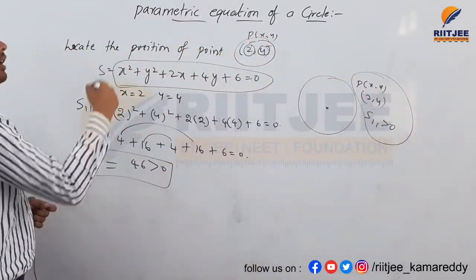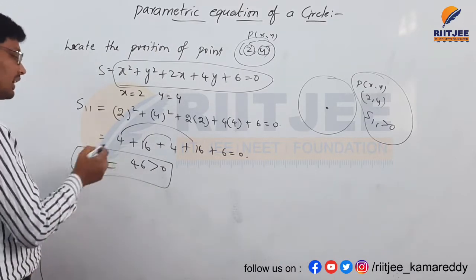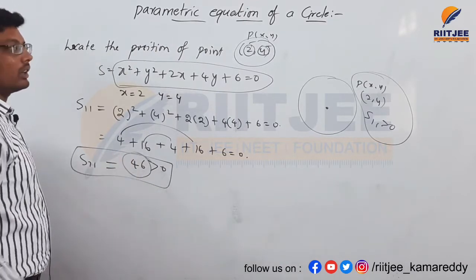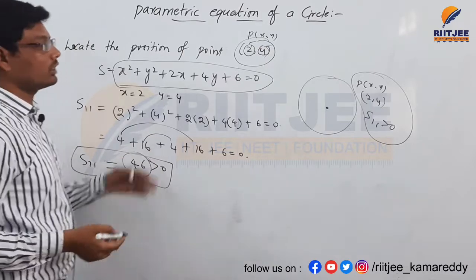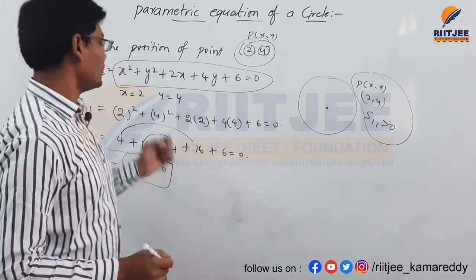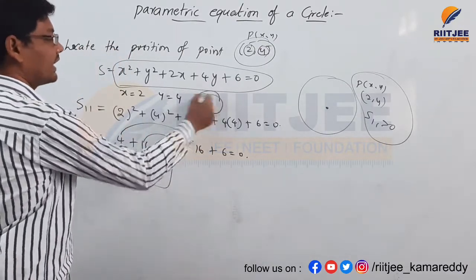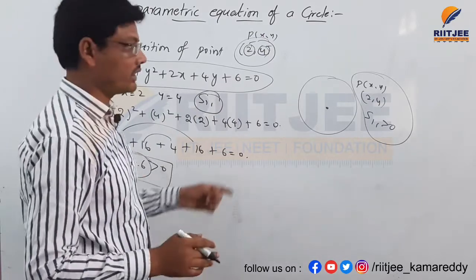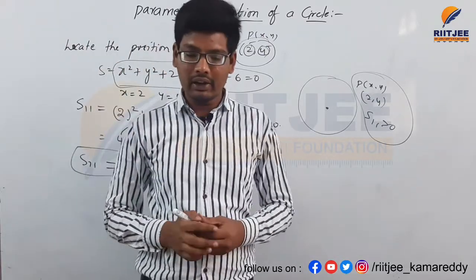See here, if all the numbers are positive, it will be greater than 0 only. This is the shortcut trick to find it without solving S11.